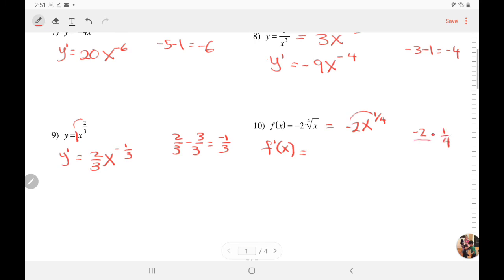Think of the negative 2 as negative 2 over 1. If you multiply it across, you would get negative 2 over 4, which reduces to negative 1/2. So negative 1/2 x to the, reduce the 1/4 by 1, so subtract 4/4, and that equals negative 3/4.